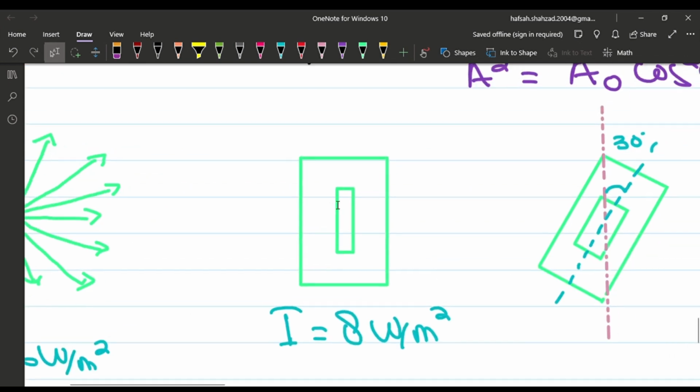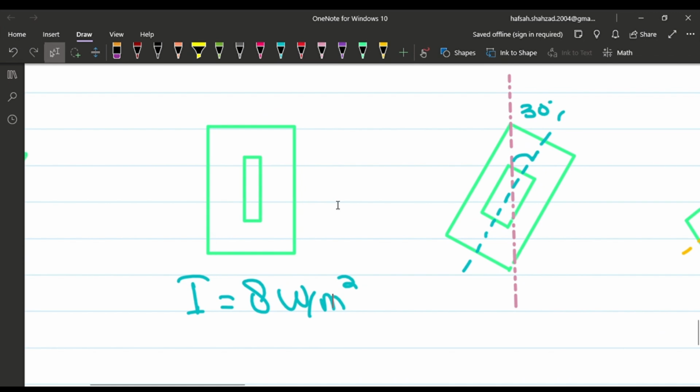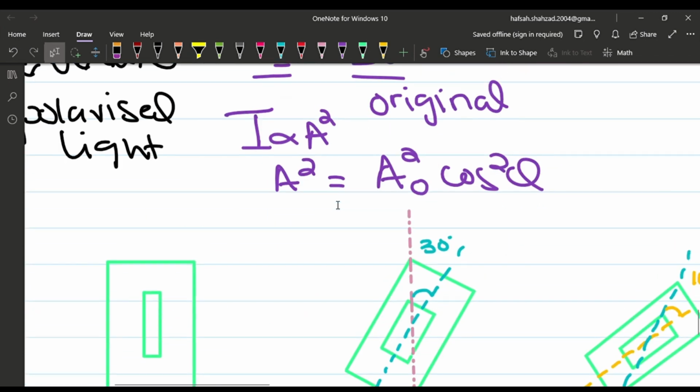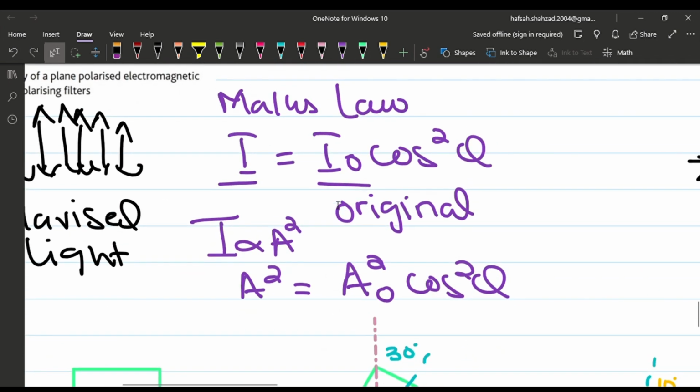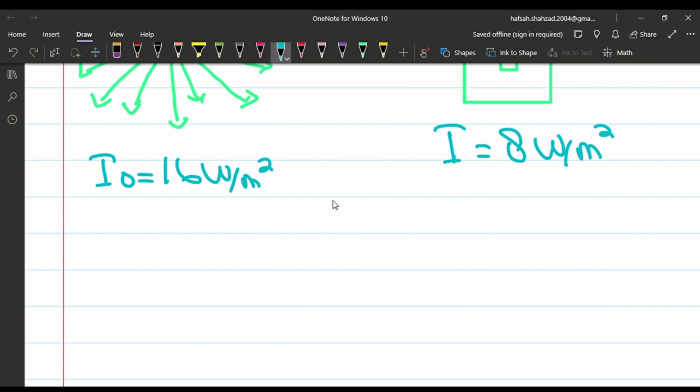Now comes the part of understanding where you need to listen carefully to know how the formula works. I mentioned Malus's formula. It was I equals I naught cos square theta. Now what is this theta? Theta can have two definitions.